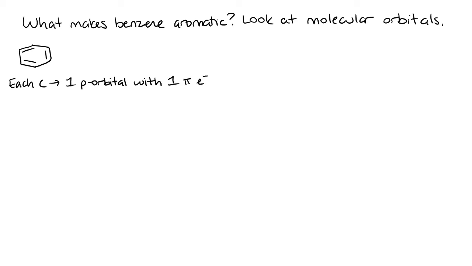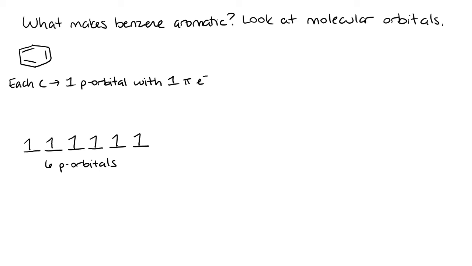Okay, so let's go ahead and indicate that with an orbital diagram. So each of these lines is representing a p orbital. And each orbital is going to hold 1 pi electron.